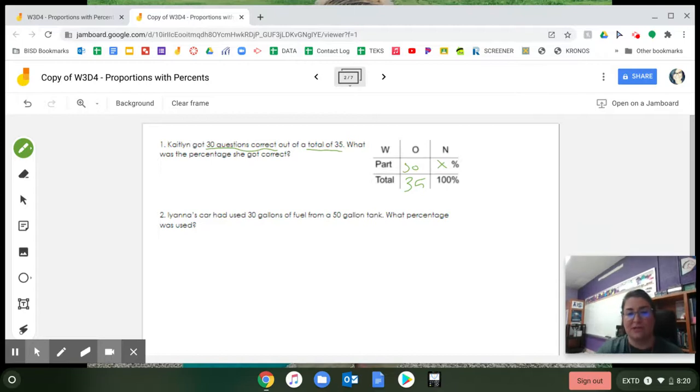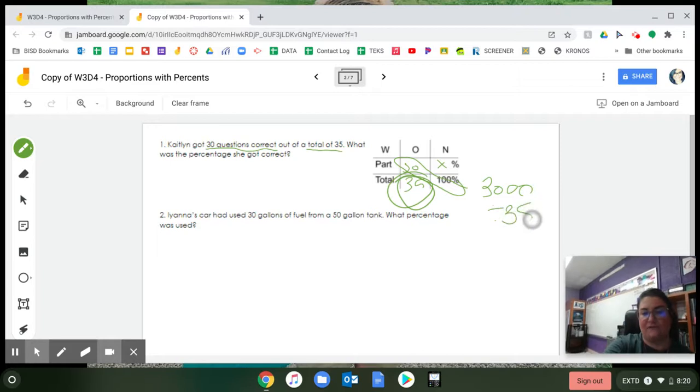So again, just like before, we cross multiply the ones that are diagonal from each other. Actually, if you're looking at the problem, it looks like that. These two are diagonal from each other, so 30 times 100 would be 3,000. And then you divide it by that extra number, which is 35.